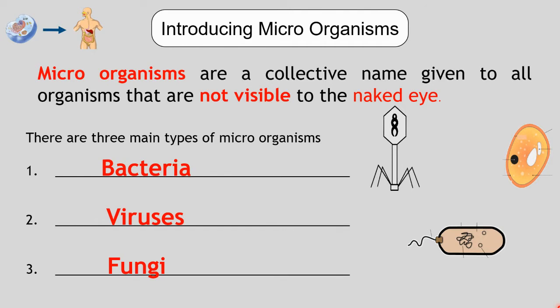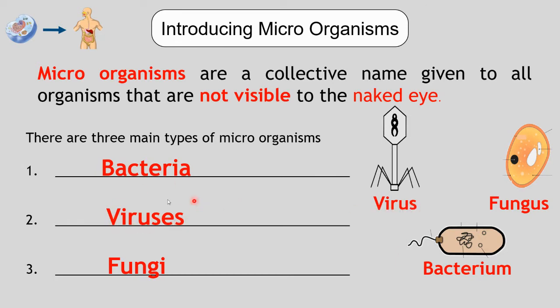One looks a bit like, as it's always described, a spoon with spider's legs, and that is a picture of a virus. This one over here that looks similar to some of the cell diagrams we've seen already is a fungus. And this one down the bottom looks like it's got a bit of a tail on the end, a bacterium.